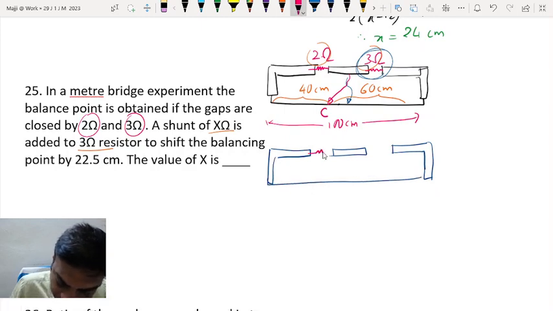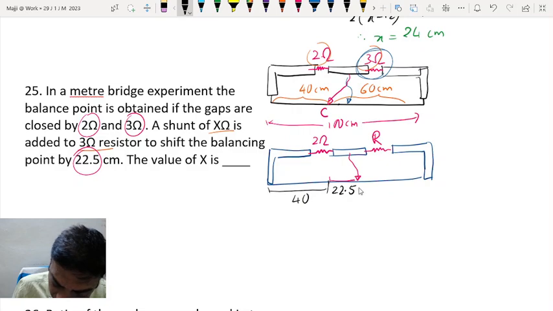The 2 ohm remains as it is, whereas this time the effective resistance I'll take as R, and the balance point would have shifted by a distance of 22.5. This was already 40 and this was already 60.